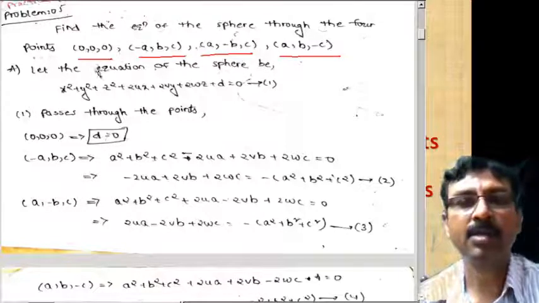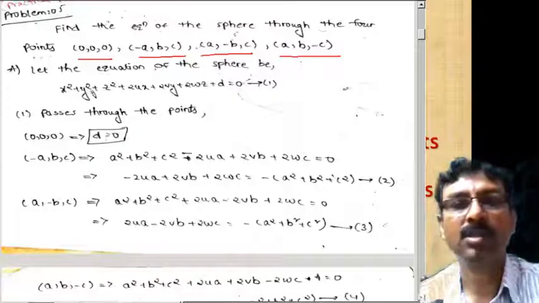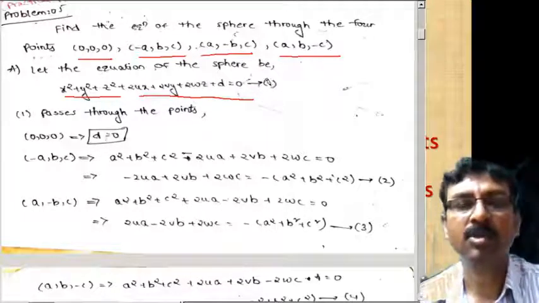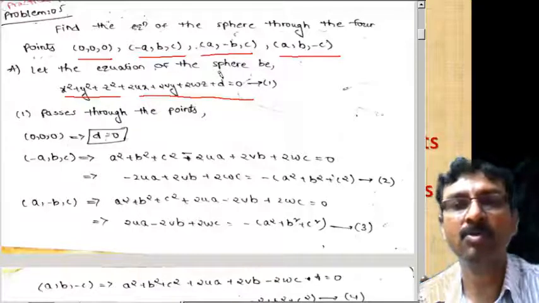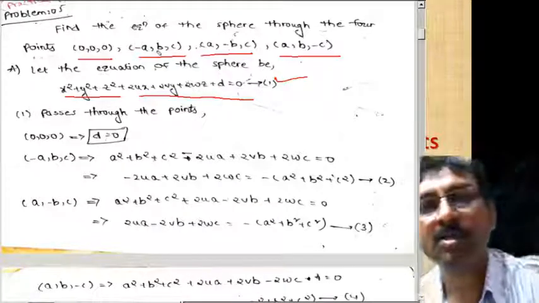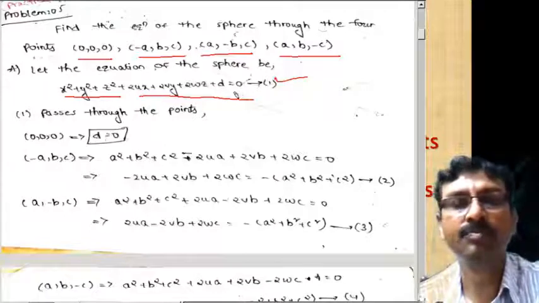So let us take the equation of a sphere in the general form, that is x square plus y square plus z square plus 2ux plus 2vy plus 2wz plus d equal to 0. I have taken it in general form and am substituting the given points in this equation.